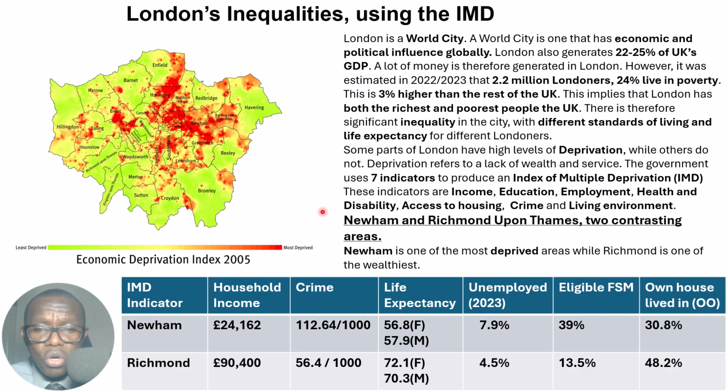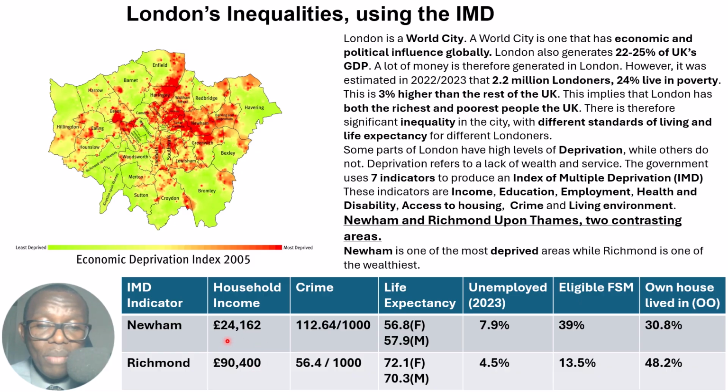Okay, so I have made a summary here of the indicators just for comparison purposes. The first one that we'll start off with is household income. And as you can see here, for Richmond, the household income is £90,400 a year on average.